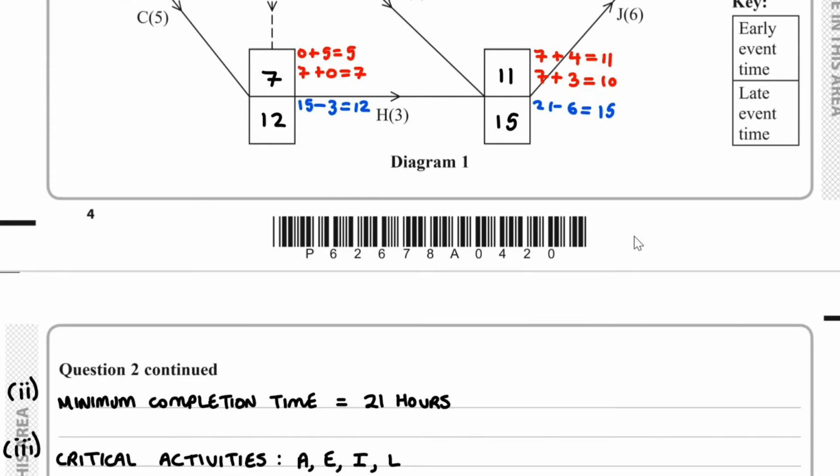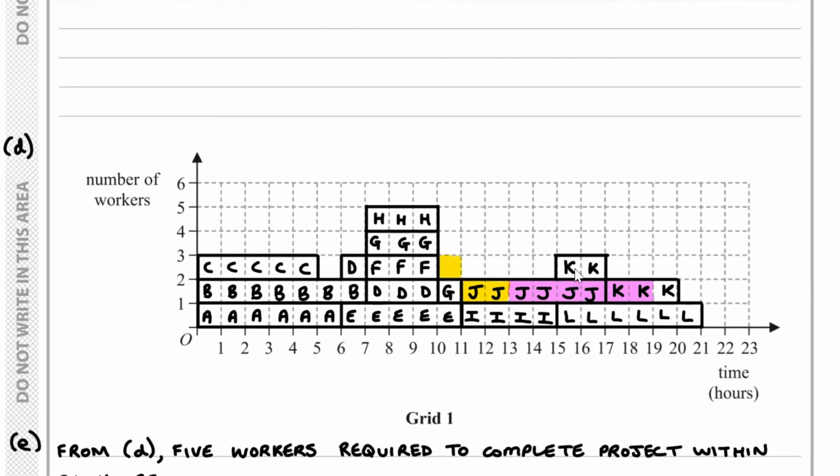This time, if we amend K, it's got a duration of 5, so I can still start over here, but because the duration is 5, this bit has essentially moved up, like so, because J is taking up the space, and this bit will still fall down here. So you can see, overall, with our amended histogram, we can still complete the project time within 21 hours.